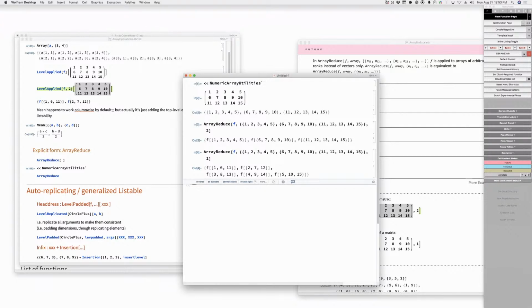Look, this is the equivalent of taking this thing and saying all comma 1, for example. Maybe ArrayReduce isn't the right name, but it's doing its thing at level 2.